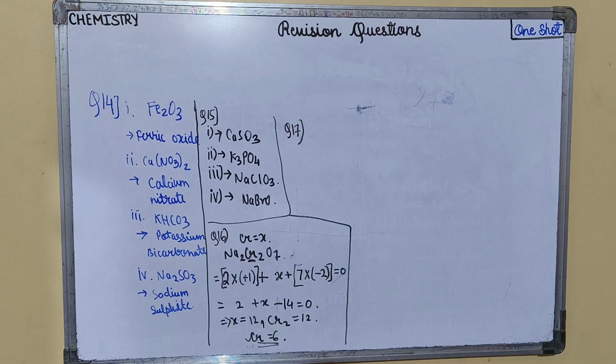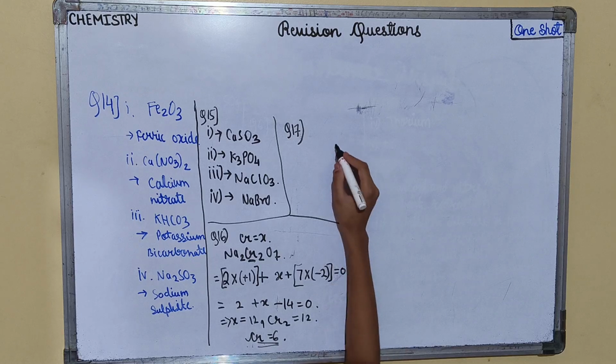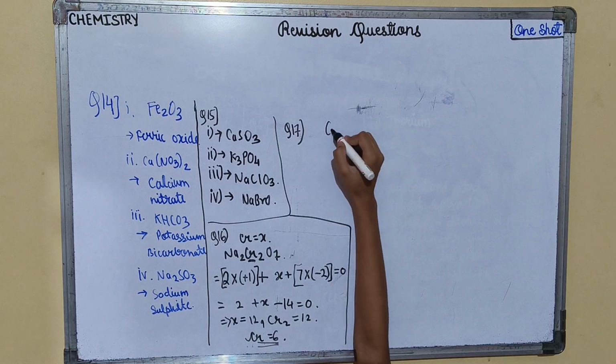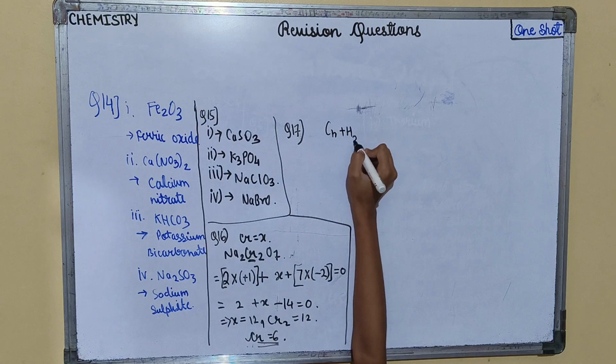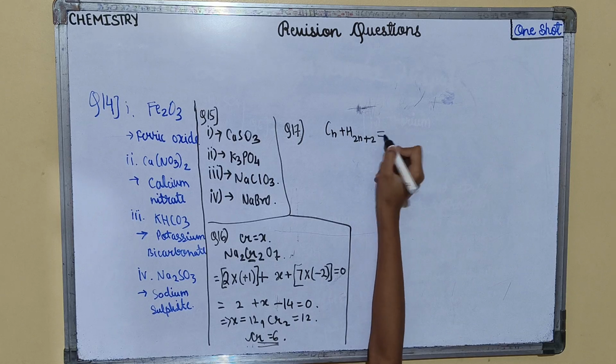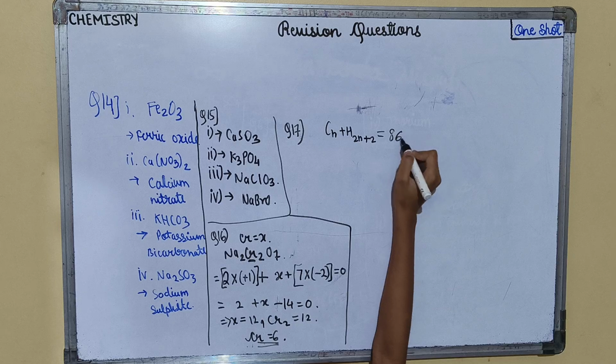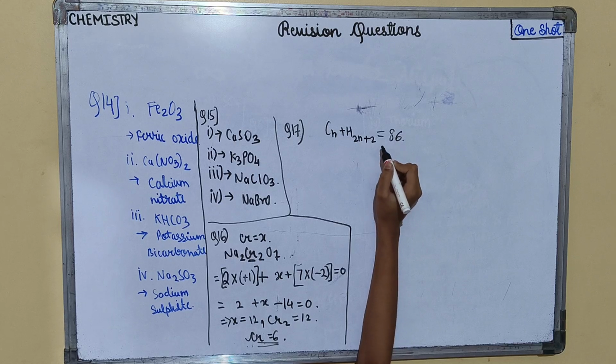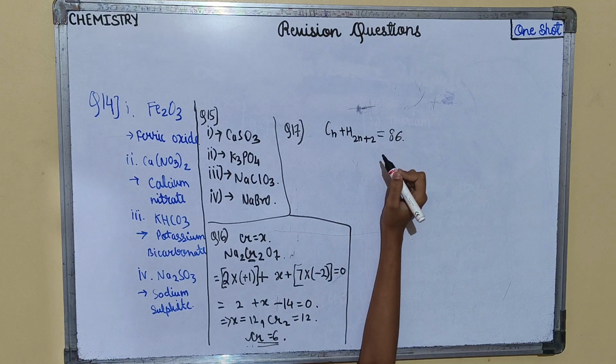So, the molecular weight of the compound is 86. So, CnH2n plus 2 is equal to 86.